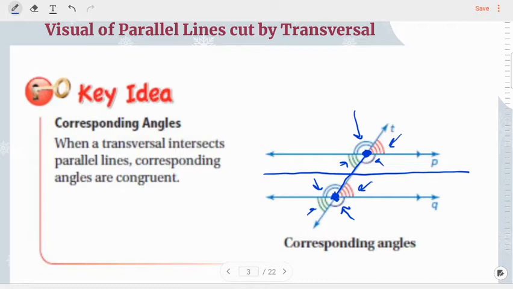Now, these matching angles are congruent, and we call them corresponding angles. I'm going to say that a couple of times today: if I set each intersection on top of the other, so intersection 1 on intersection 2, and they line up right on top of each other, they're called corresponding angles.